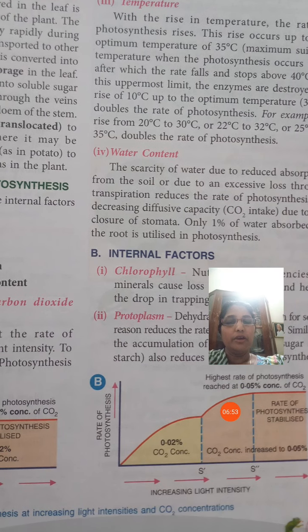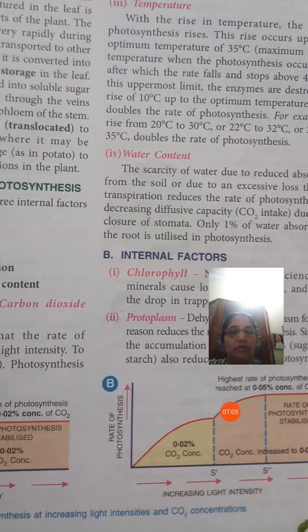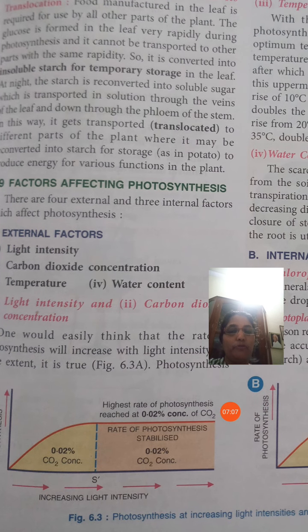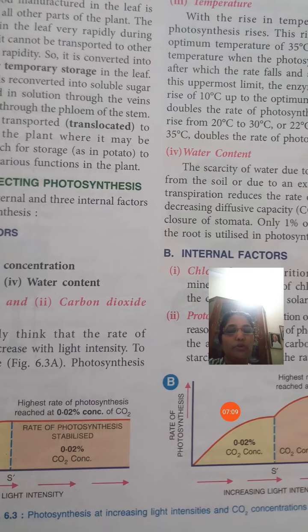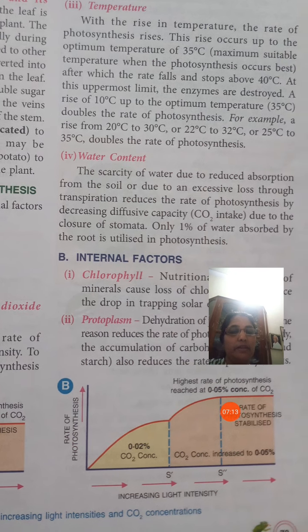Then you can see another graph, B, with increase in light intensity on one axis and rate of photosynthesis on the other. In the previous graph the carbon dioxide concentration was 0.02 percent.